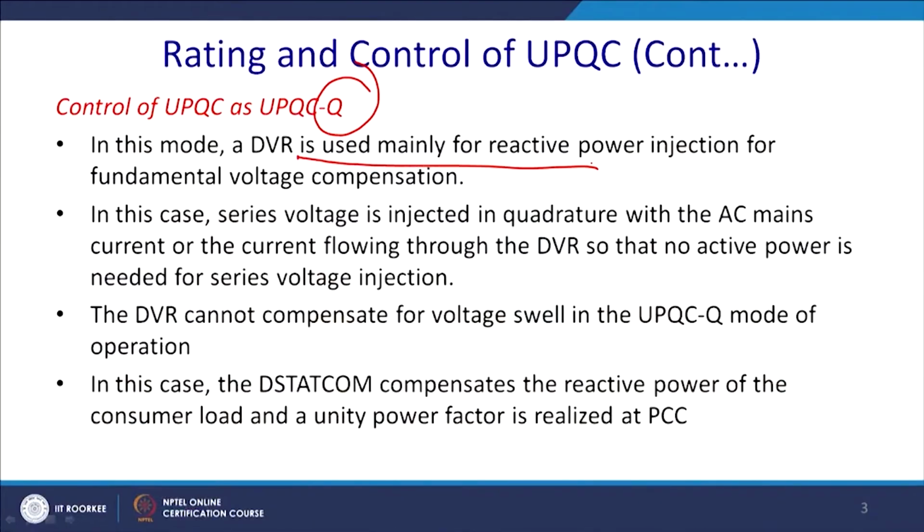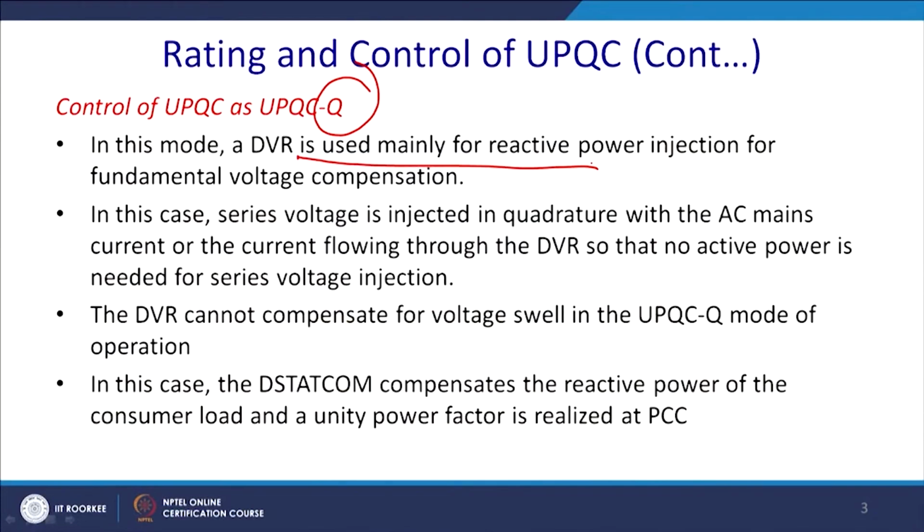So, let us concentrate on the UPQC as UPQC-Q. It will inject voltage in quadrature. In this mode, the DVR is used mainly for reactive power injection for the fundamental voltage compensation.